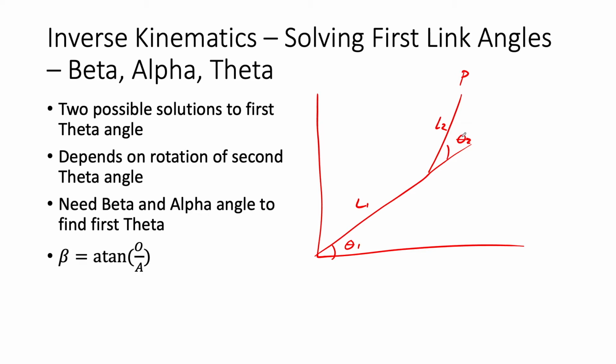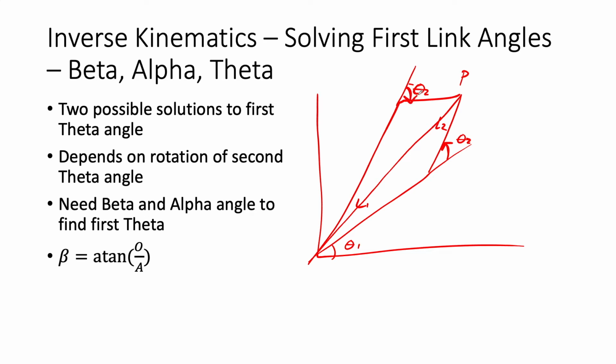Now, we've started out with this sort of robot, but it's certainly important to understand that there's more than one solution in inverse kinematics, because you could have something like this with a negative theta 2, right? So this is a positive rotation.